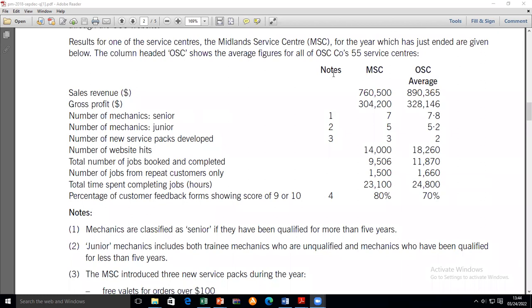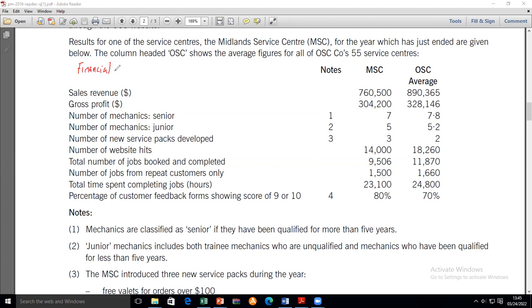Let us start with financial. Which one do you think you can use for financial here? Financial performance. Let's go step by step. The gross profit.